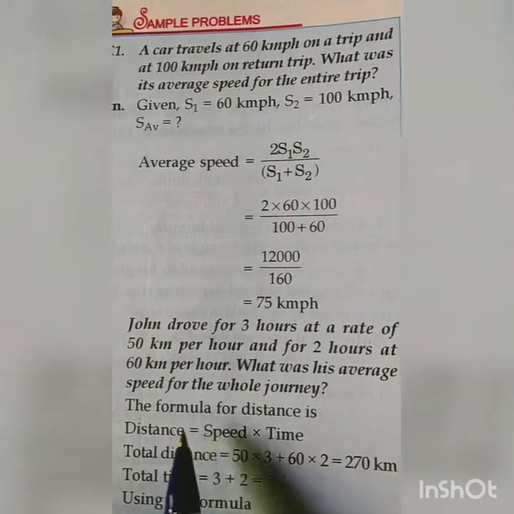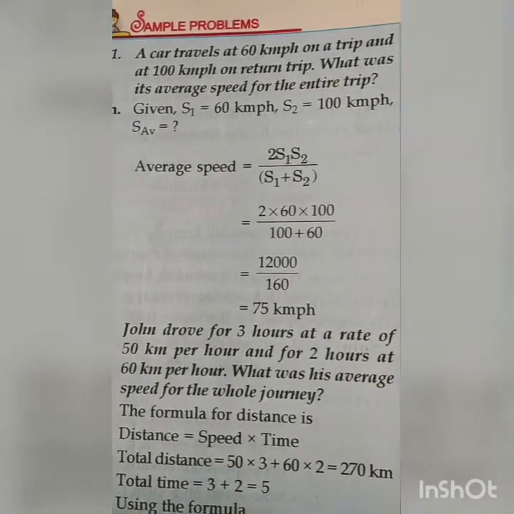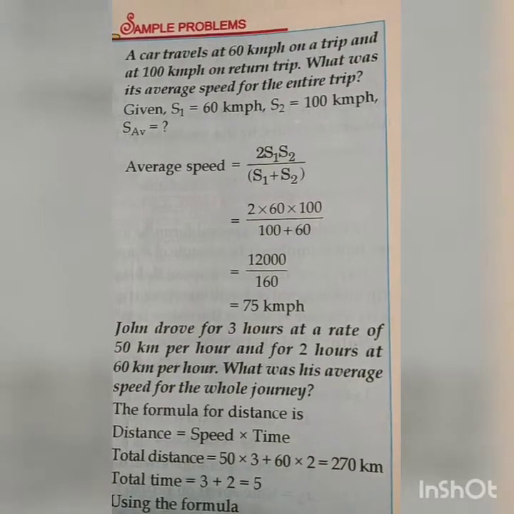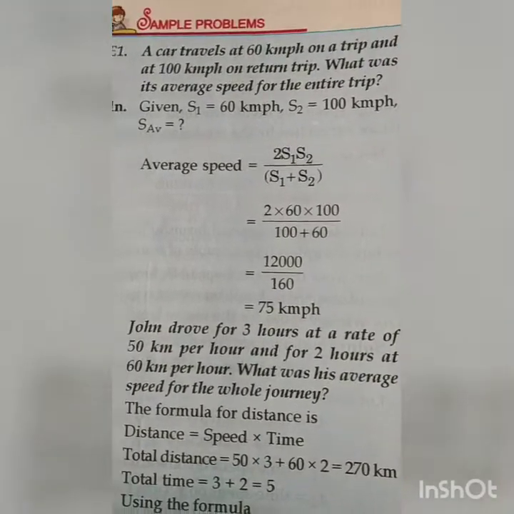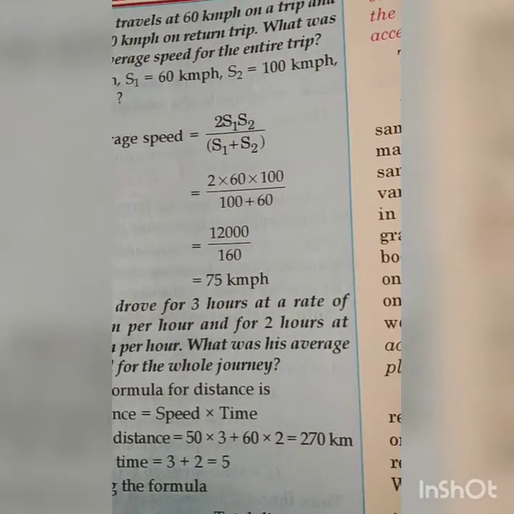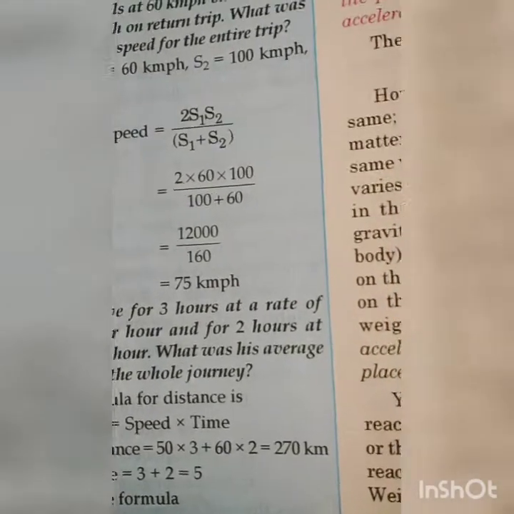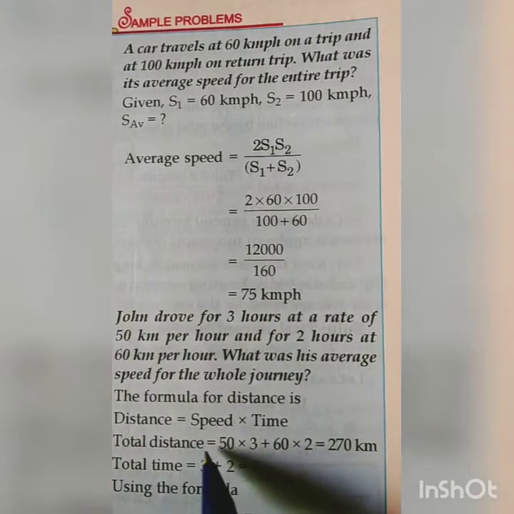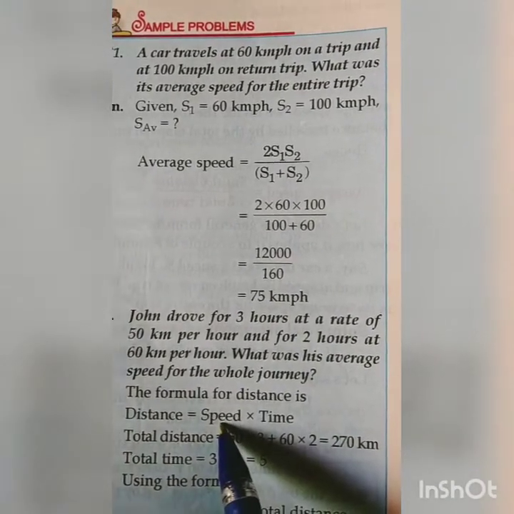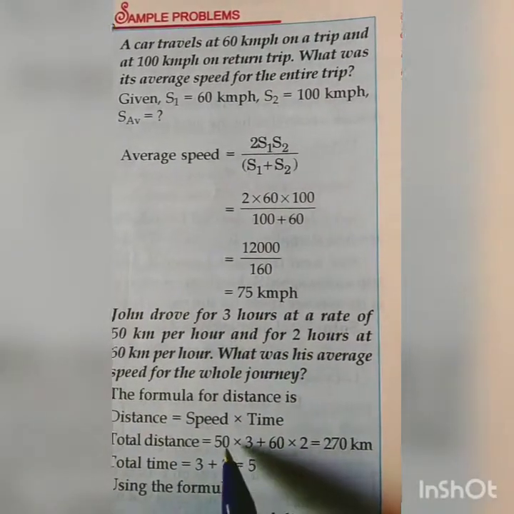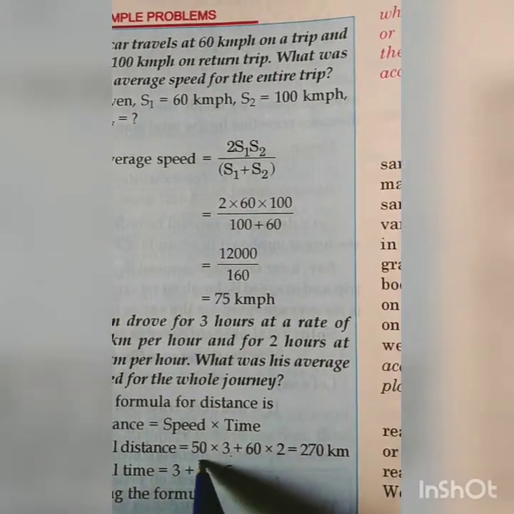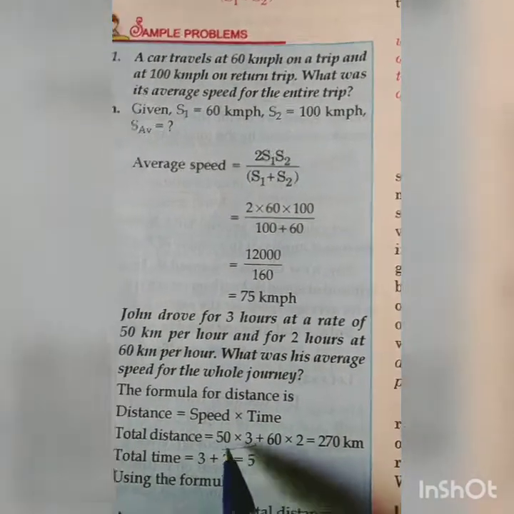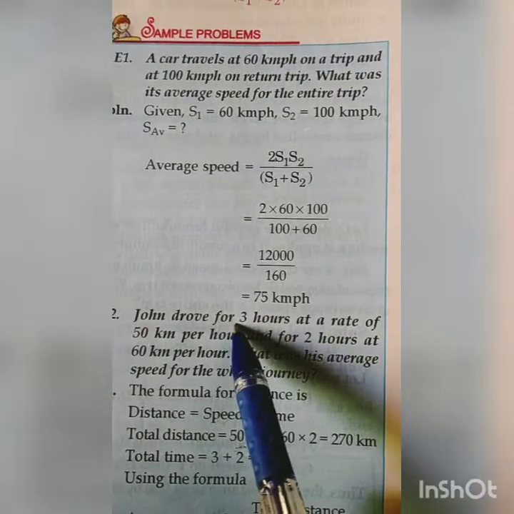So the distance for the 3 hours: speed is 50 into 3. That is D1, you can say, the first distance.